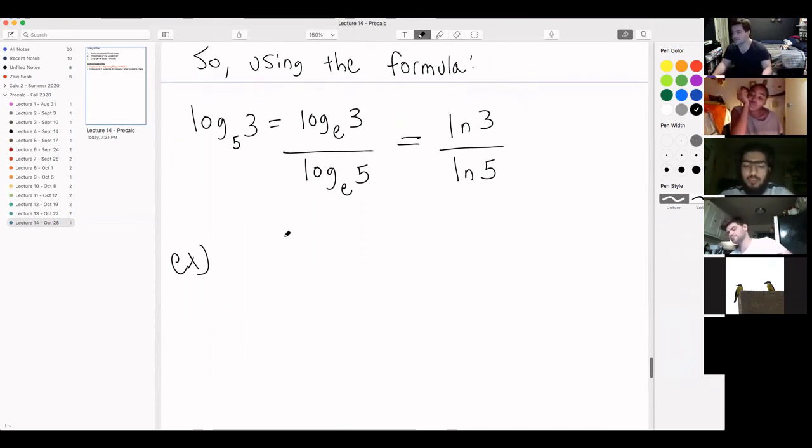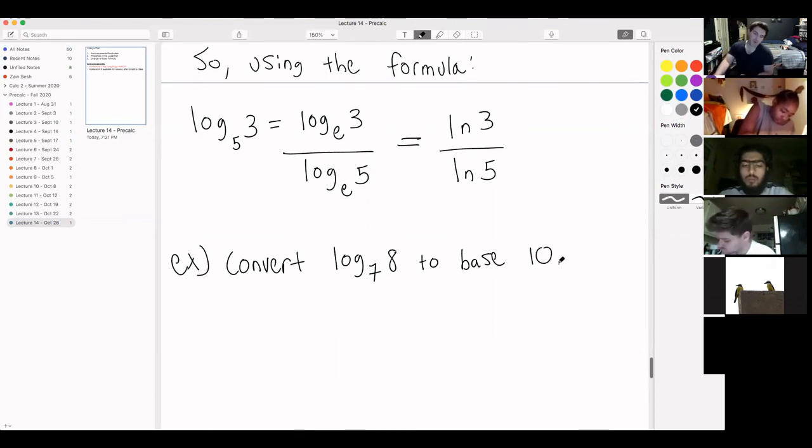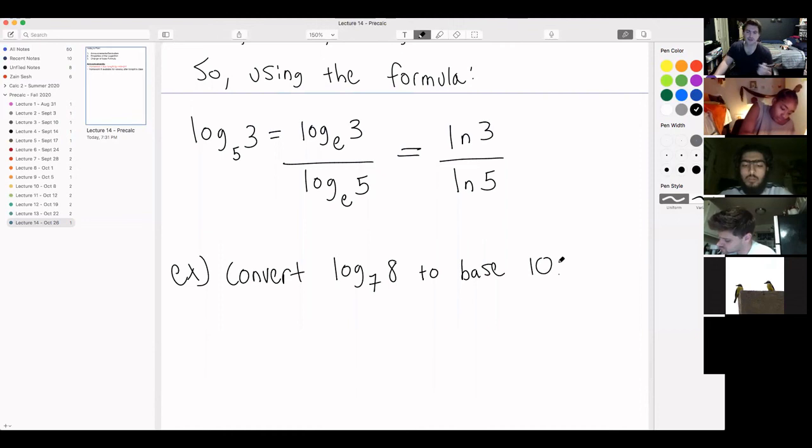Okay, good. Last example. Let's convert log base 7 of 8 to base 10. As I said, these are going to be our primary uses for the change of base formula.